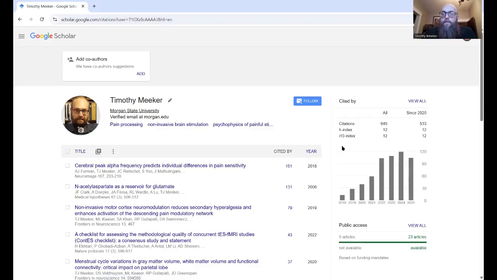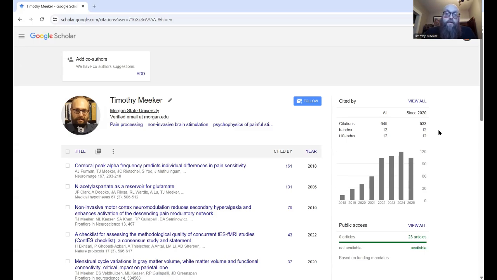It also shows some numbers over here, and a chart. This chart shows how many times work that I've been a co-author on, or work that I've done the primary work on, has been cited. If you hover over this, in 2024 my articles were cited 119 times.